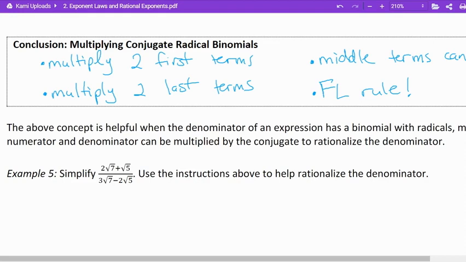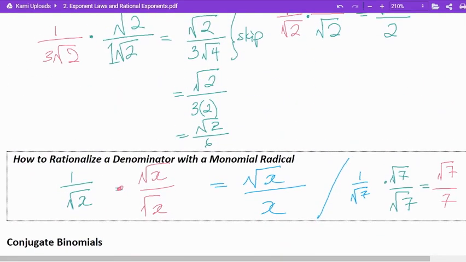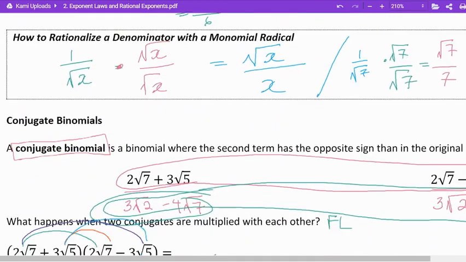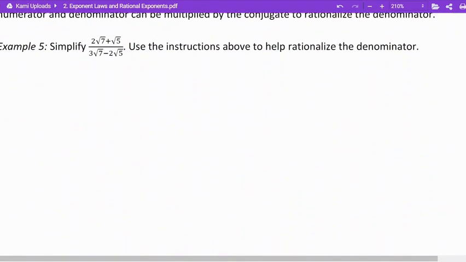Now we're going to rationalize a denominator that is a binomial. What we did on the last page is rationalize a denominator that was a monomial, so one term. Now we're going to use those two skills to rationalize a denominator that is a binomial.